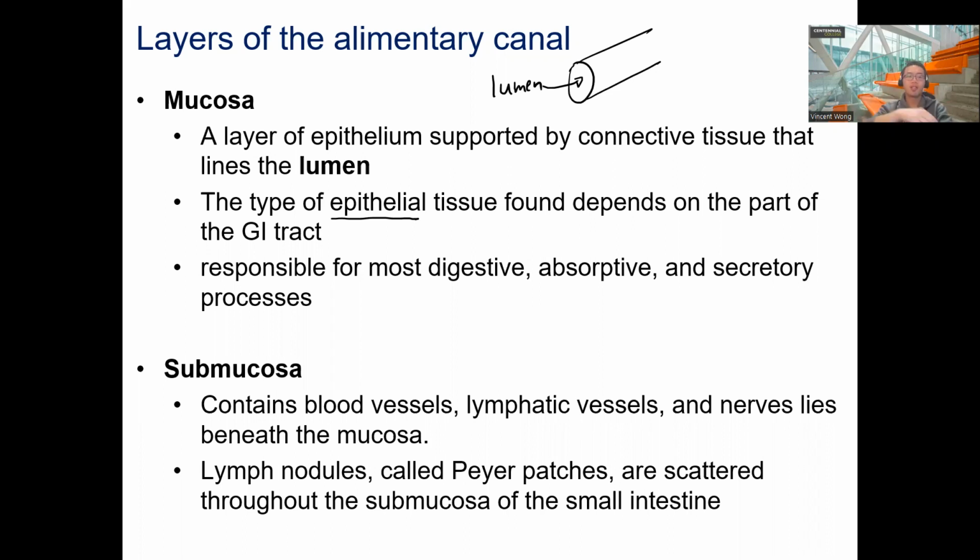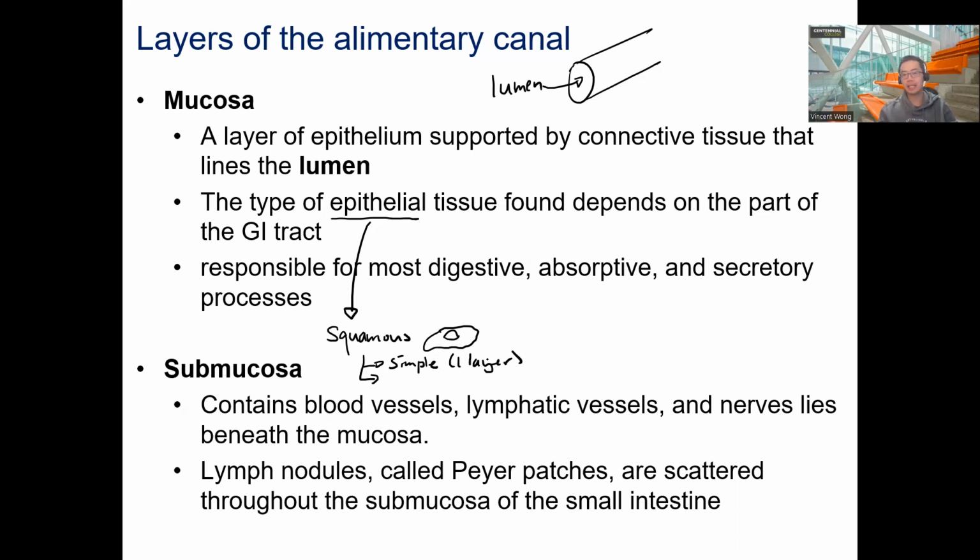Depending on which part of the GI tract you are at, the kind of epithelial tissue that you have would be different. Let me give you some examples of different types of epithelial tissue, just like a quick crash course. We have squamous, which are flat, like a sunny side up egg. You have your flat cells and you have your nucleus there. For squamous, there are two types. We have simple squamous, which means one layer only.